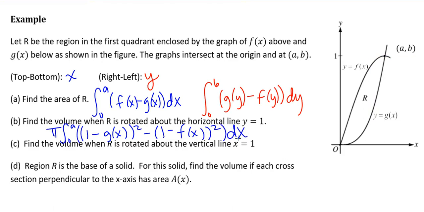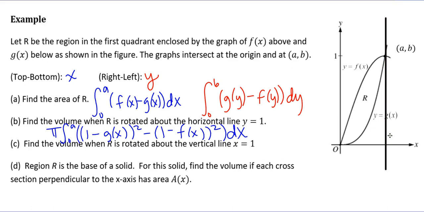Part C, find the volume when region R is rotated about the vertical line x equals 1. So let's draw that vertical line here first. At x equals 1, right here, let's assume that A is 1.